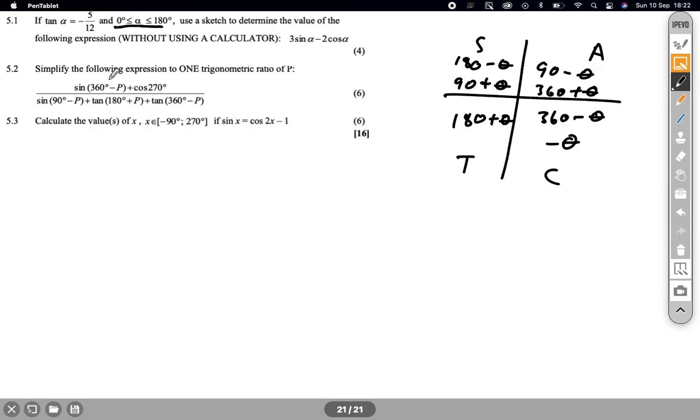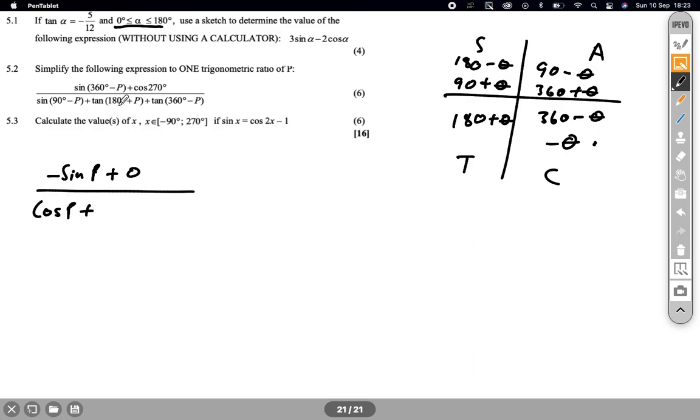Okay, so 360 minus p would be in the fourth quadrant. Sine is negative there, so this becomes negative sine of p. And then cos of 270 is simply 0. Then we have sine of 90 minus p. If you remember your co-ratios, this changes to cos of p.